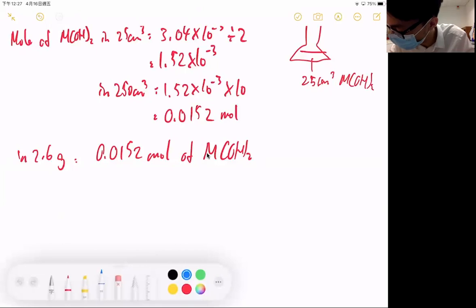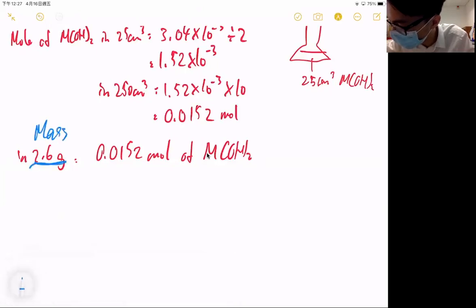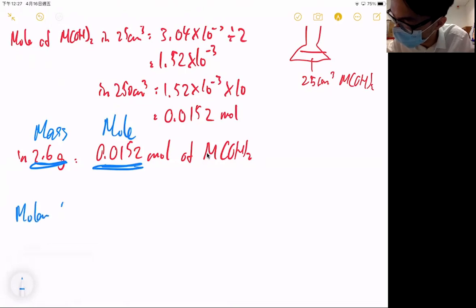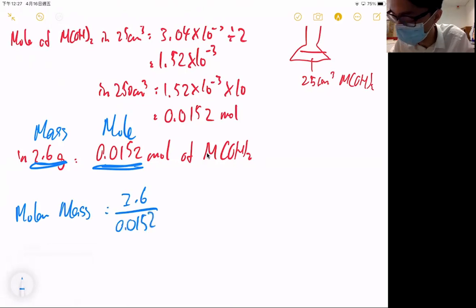Again, we have the mass, we have the number of moles. So the molar mass will be 2.86 divided by 0.0152. So that is the molar mass. And you do the calculation and you get 171 as the molar mass.